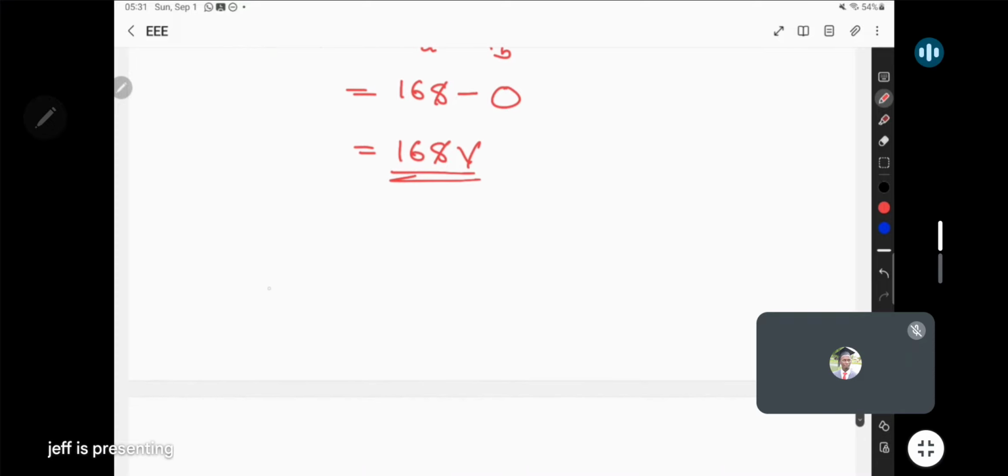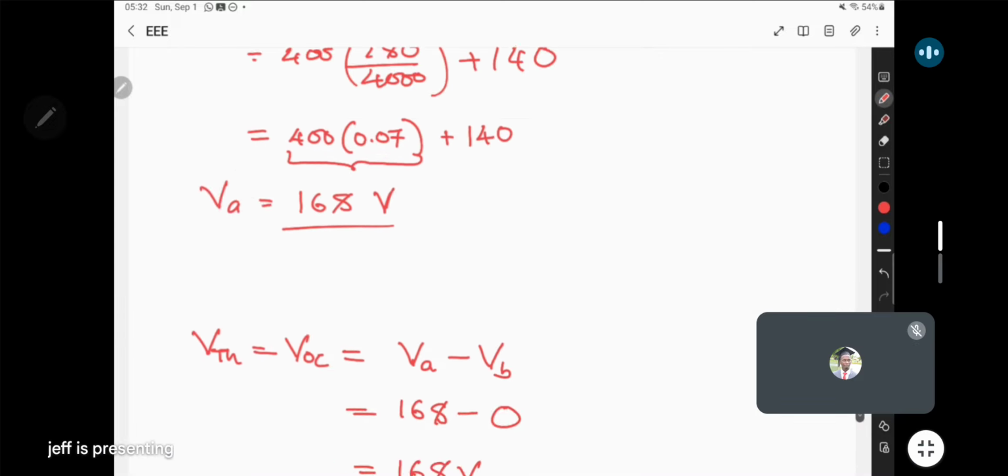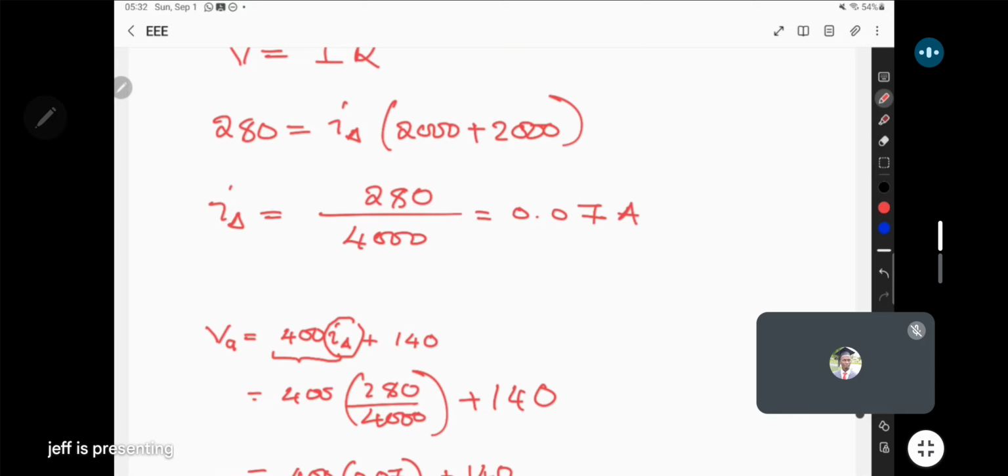So remember the formula, V Thevenin is equal to I Norton times R. Here you can use R Norton or R Thevenin. They are still the same thing. Here I'll go with R Norton since that's what I want to find. So V Thevenin, we saw that was 168. I Norton, we got 0.06.